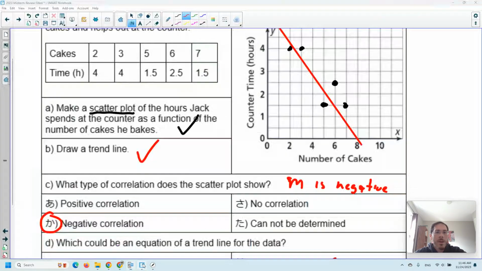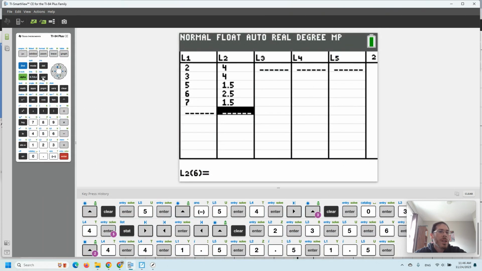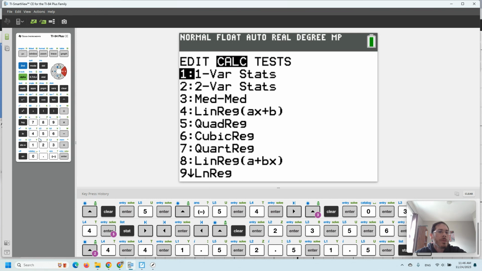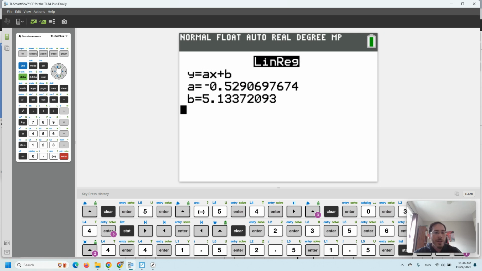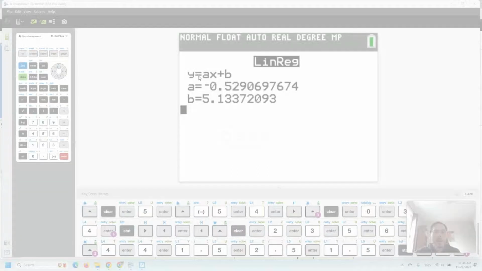All right, is that correct? Did we do a good job? 2, 3, 5, 6, 7. Yes. All right, so we're going to go stat, over to calc, number 4 for our linear regression. We're going to press enter a few times, and we're going to get our value. Let's see what we got here.